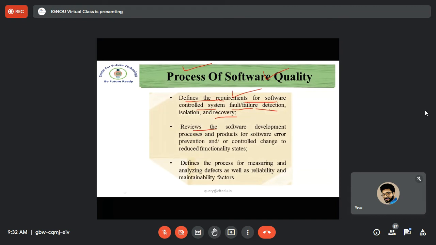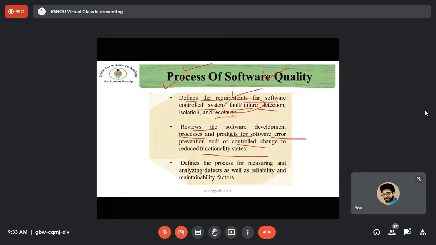If there is some sort of fault and failure, we ask whether the proper software development process or methodology has been used, why the errors are coming up, and how we can prevent them. So in the entire process of software quality, we take care of these aspects so that the things are done in a very controlled way, because in the software industry, time is the most important resource, and we have to consider those aspects which remain under our control.